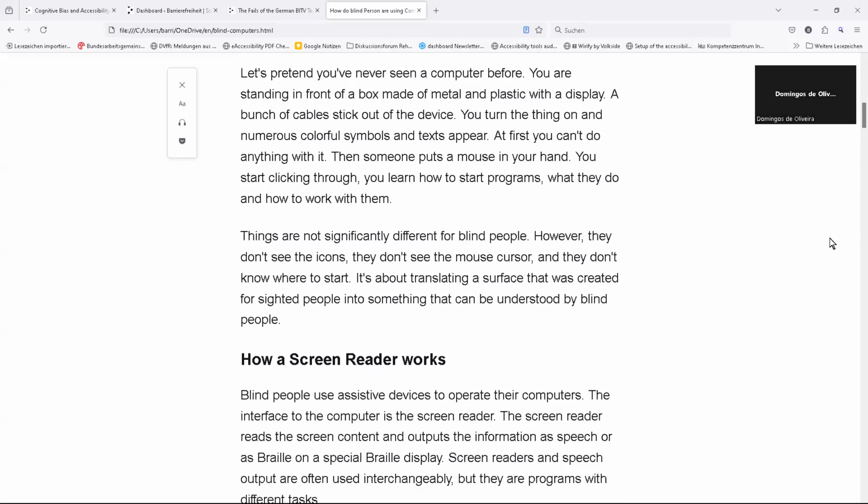The accessibility API is a protocol which defines how information for assistive technologies should be put into the program, and how this information should be interpreted by the assistive technology, for example, by the screen reader. This is very important because it means that the software is not accessible by itself, but the screen reader needs this accessibility information from the API.